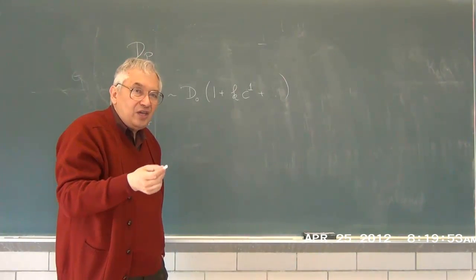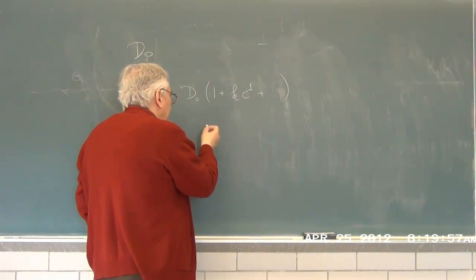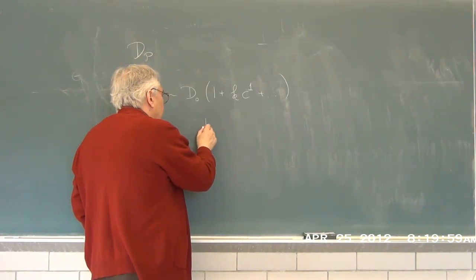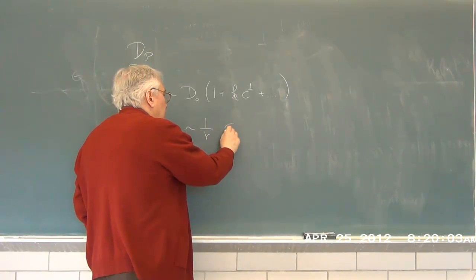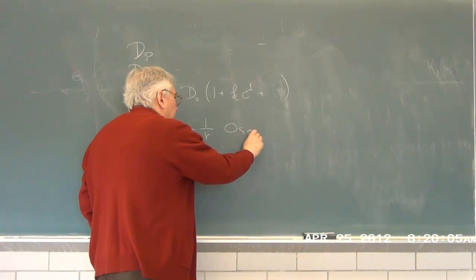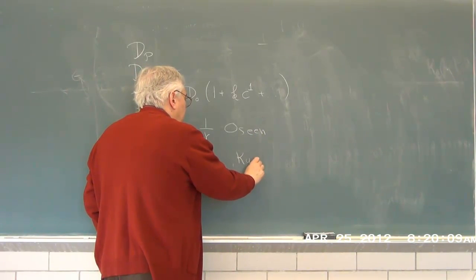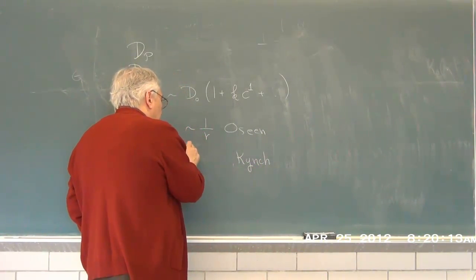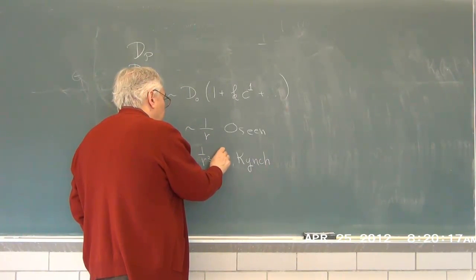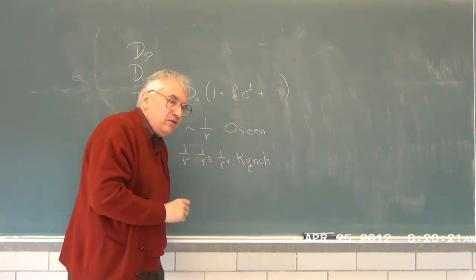And you do all these calculations, and if you do this carefully, you discover that yes, there's the 1 over r part, the Oseen part, but there are a whole series of parts that were first developed by Kynch and then by Beenakker and Mazur. And in addition to the 1 over r term, there's a 1 over r cubed term, a 1 over r fourth term, etc., etc., etc.